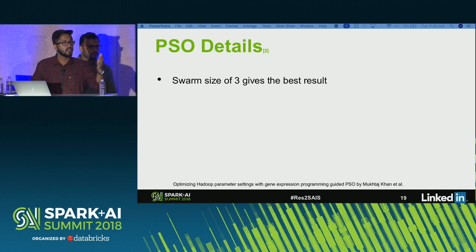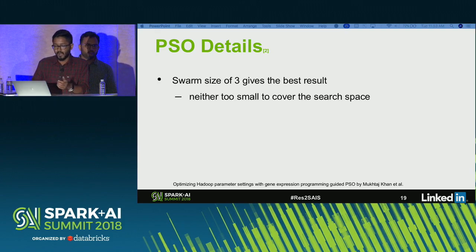For example, if this room is a search space, then this is a 3-dimensional search space. So the ideal value of the swarm should be 2. The reason being it guarantees that the particles do not get stuck in a hyperplane. But what we found was that a swarm size of 3 gives us the best result.